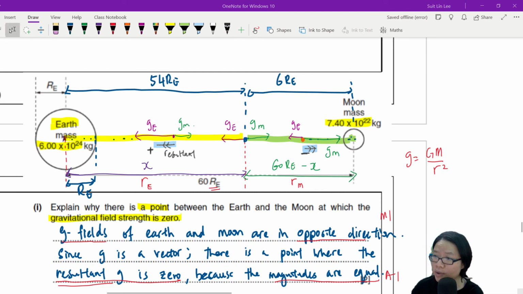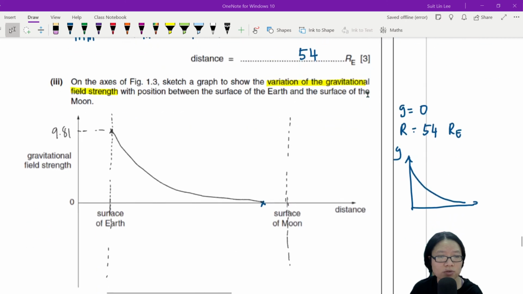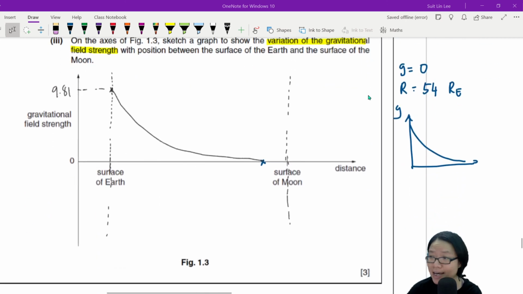So now I'm going to go back to the graph and draw this side as negative. It's not going to be very big. The moon's gravitational field is small, about 1/6. If you want to draw very accurately, it should be 1/6 of this one, but you don't have enough information to calculate that anyway. As long as it's small, all right?